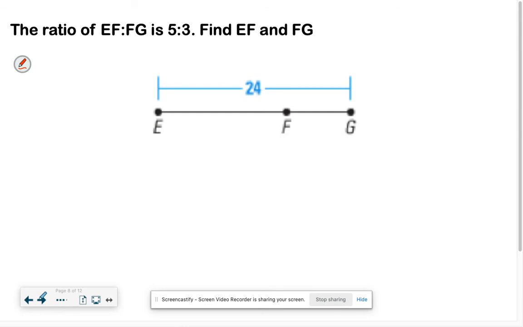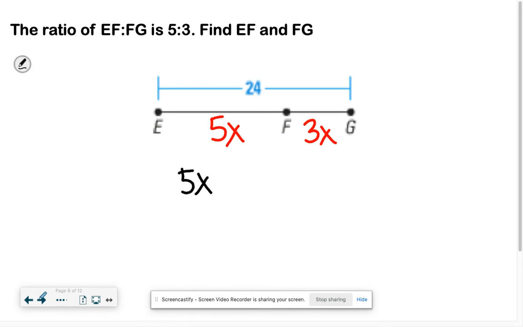No. So what do we do in math when we don't know what it is? We give it an x, a variable. So this part here is 5 parts, so I'm going to have 5 x's, and this part here is 3 parts. And together, what do they have to add to? 24.